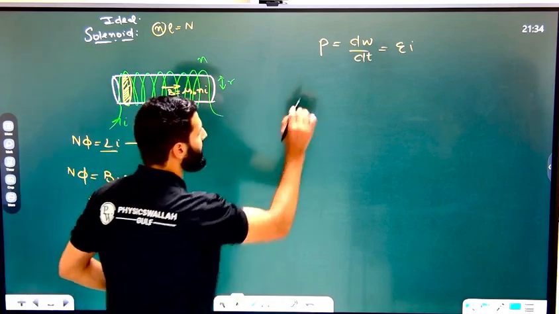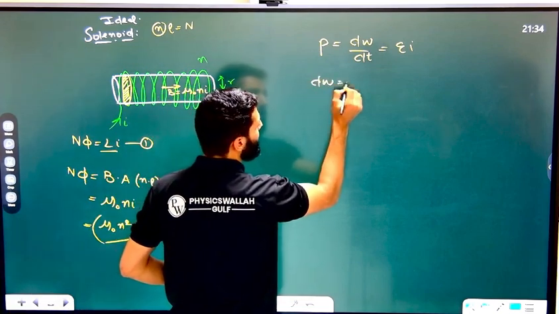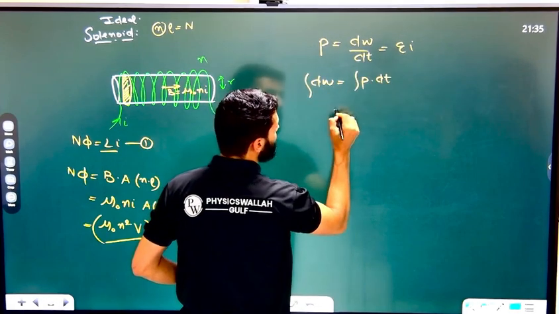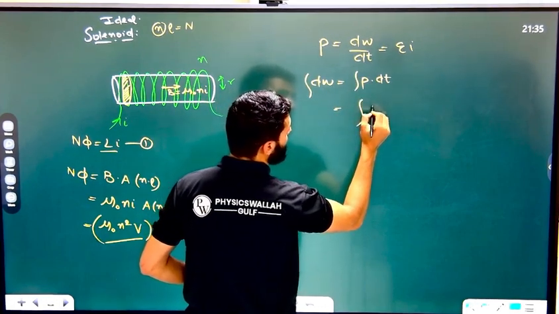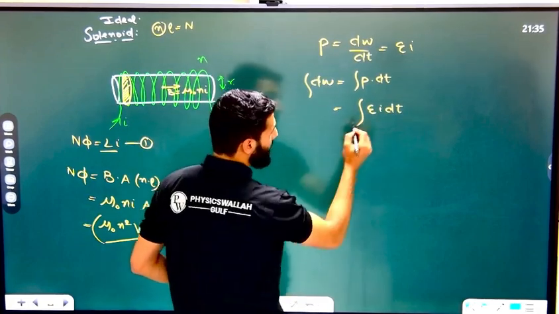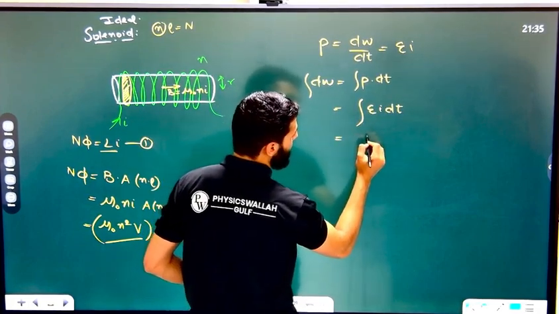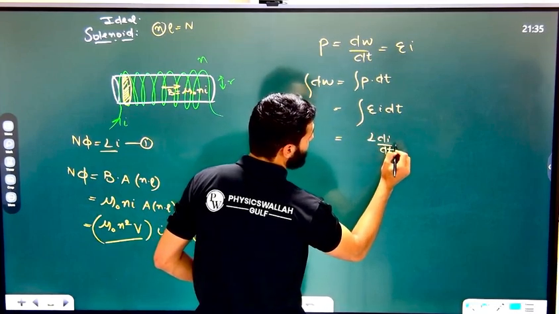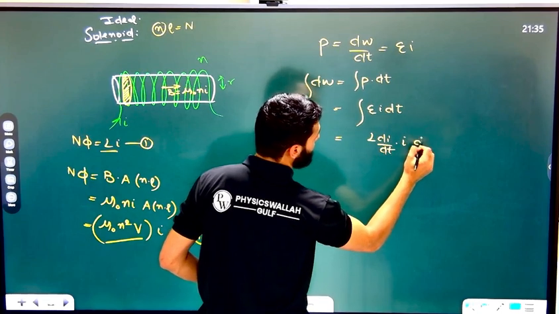So can I write the small work done as power into dt? Once I integrate it, power is E into I with respect to dt. E is L di by dt, so L di by dt into I into dt.